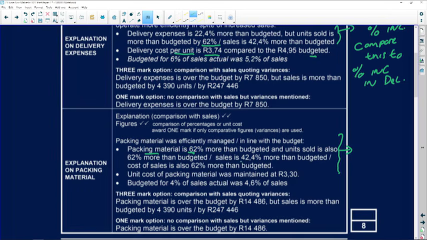Sales is 42.4% more than budgeted. The unit cost of packing material was maintained at R3.30, budgeted for 4% of sales, actual was 4.6% of sales. So in terms of managing the packing materials, just remember you are once again comparing this to sales. Okay, you guys got that.